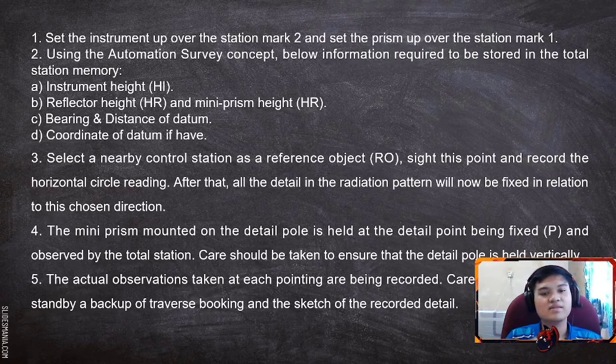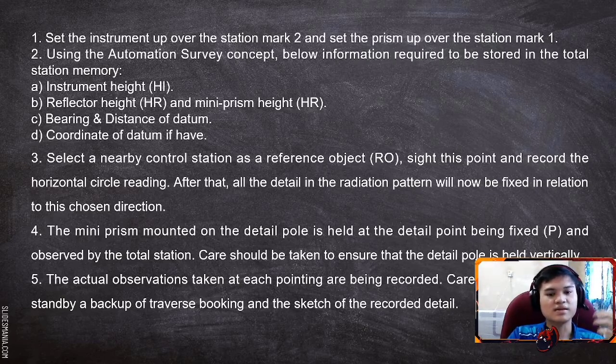After that, all the detail in the radiation pattern will now be fixed in relation to this chosen direction. Fourthly, the mini prism is mounted on the detail pole at the detail point being fixed and observed by the total station. Care should be taken to ensure that the detail pole is held vertically.